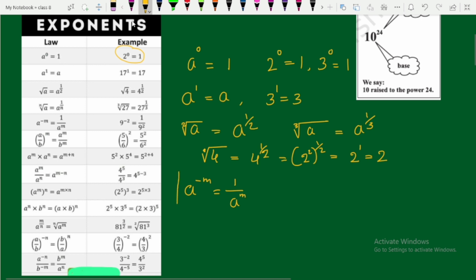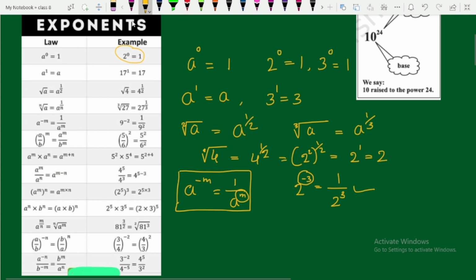So when the power is negative, we take its reciprocal and make the power positive. Similarly, 2 raised to minus 3 can be written as 1 upon 2 raised to 3. In this way we write a negative power as positive.